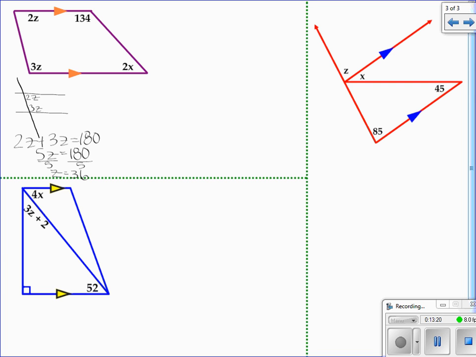Okay, now let's focus on the other two angles. So again, we're always going to draw the parallel lines, but now I'm going to draw this transversal, and then we'll fill in the angles where they should go. We've got the 134 and the 2x. What kind of angles are they?